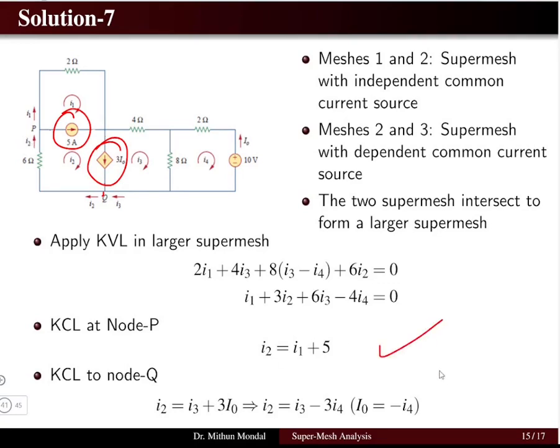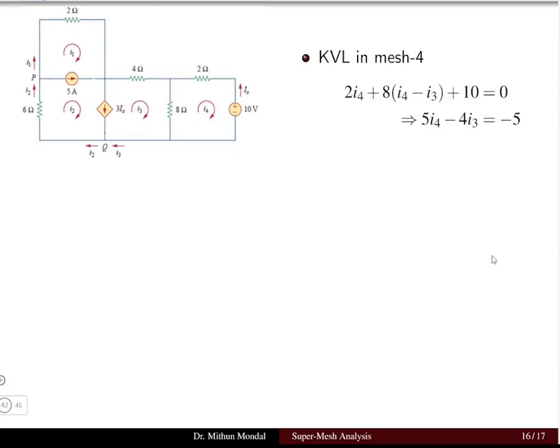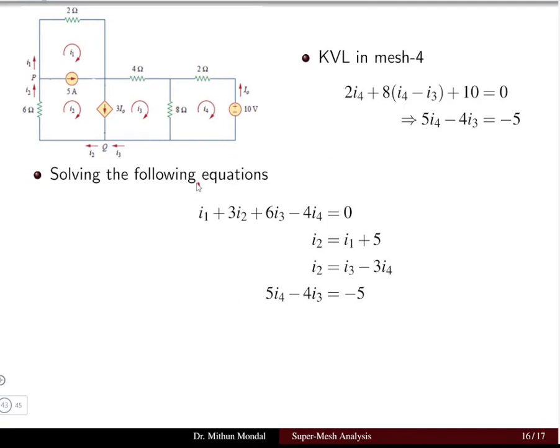So we have two constraint equations and we have two KVL equations which are due to the super mesh and the mesh problem. So basically this is mesh 4, whose KVL equation we have written here, and then we have all these equations, the four equations that we need to get the variables I1 to I4.